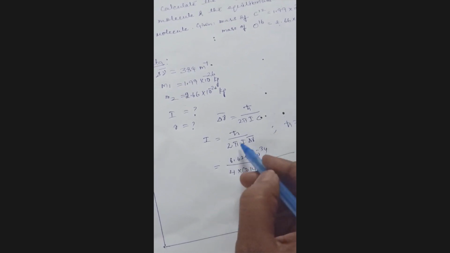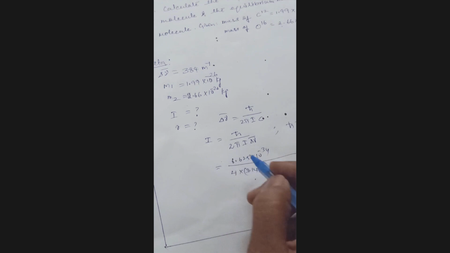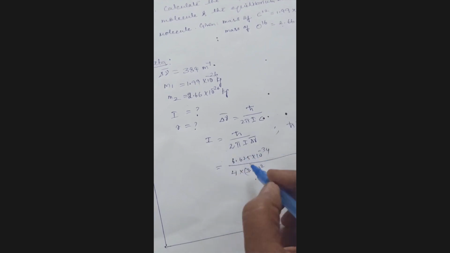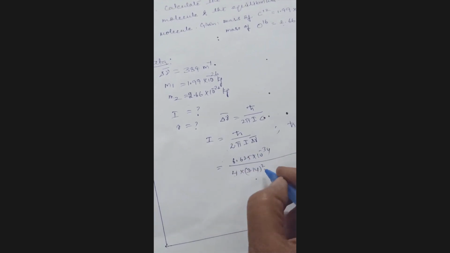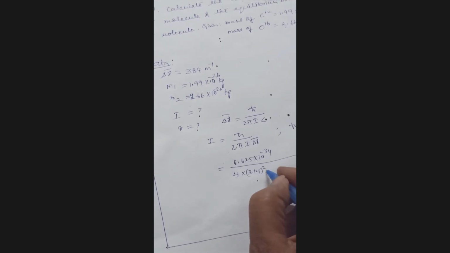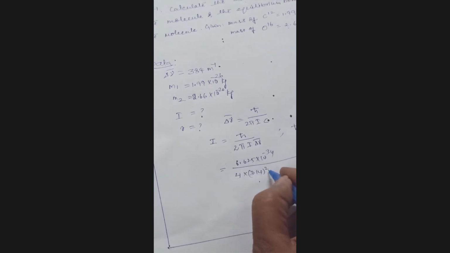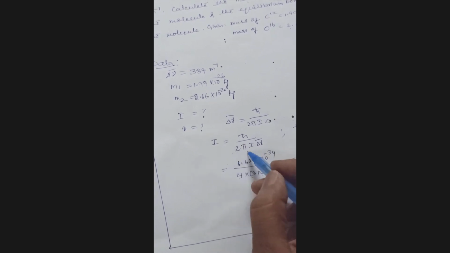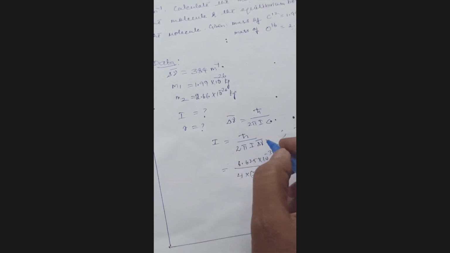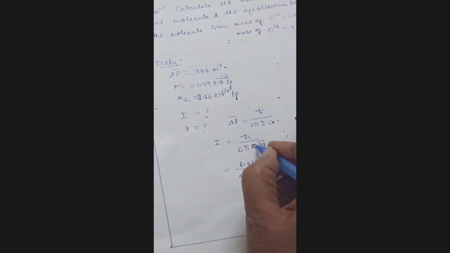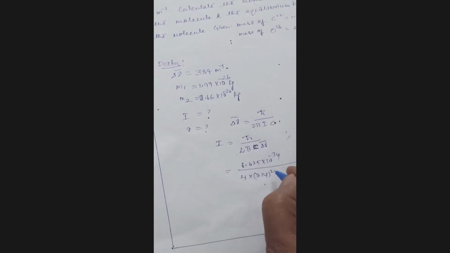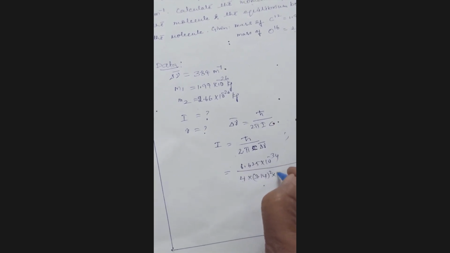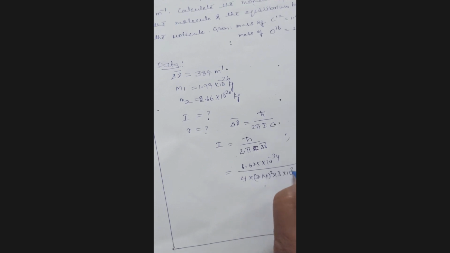I am putting this h cross here, therefore I get 2 pi multiplied by this 2 pi, so 4 pi square, pi square is 3.14 whole square, into c. c is 3 into 10 raised to the power 8 into delta nu.